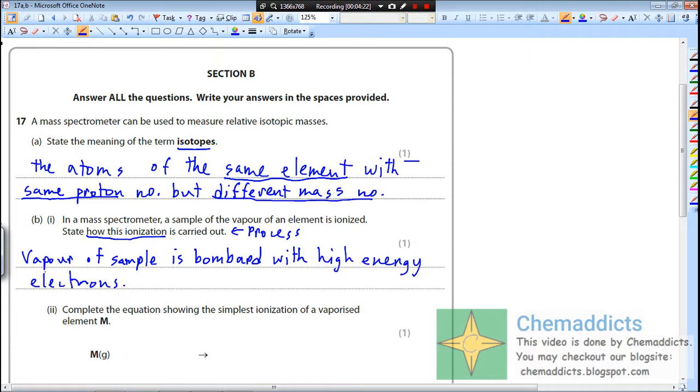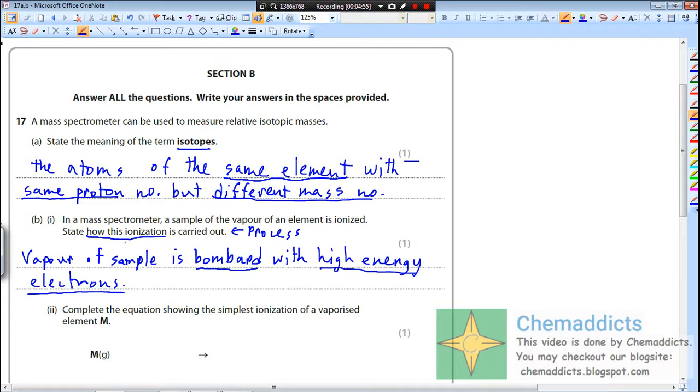So here we will say that vapor of sample is bombarded with high energy electrons. That's it. If we mention the word bombard and high energy electrons, then we are able to achieve this mark. That's the answer to this question.